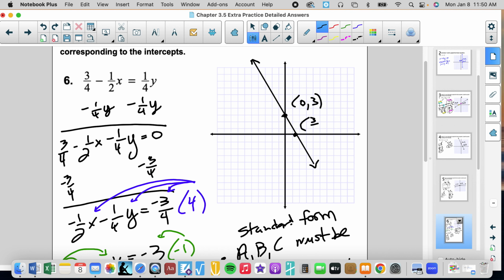But let's talk about interpreting the data. So when we say 0, 900, that means we're selling 0 sweatshirts and 900 baseball caps, which would equate to $9,000. Or in this one, 360, 0, that means we would sell 360 sweatshirts and 0 baseball caps, which would equate to the $9,000.